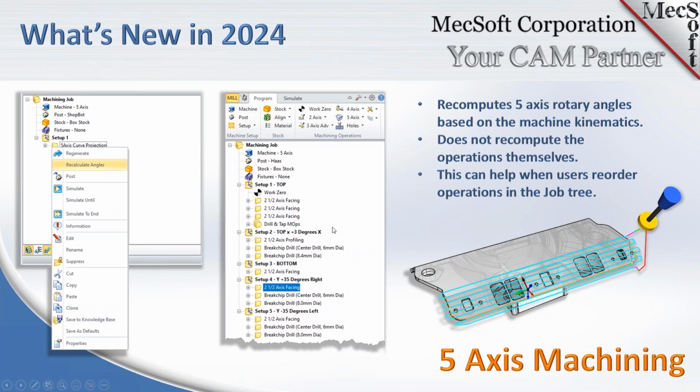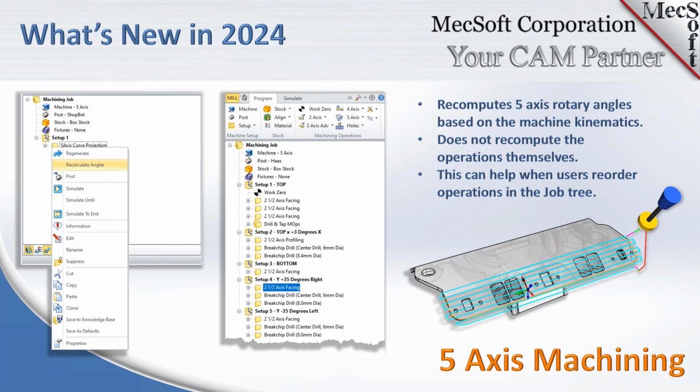So a quick clarification, I think Don said tool, but it's really the machine tool. The axis angles of the machine tool is what he's talking about. The reason we would need that is if you reorder the operations inside of a setup, the machine angles are not automatically recomputed because they're computed only when you do the simulation of the toolpath.